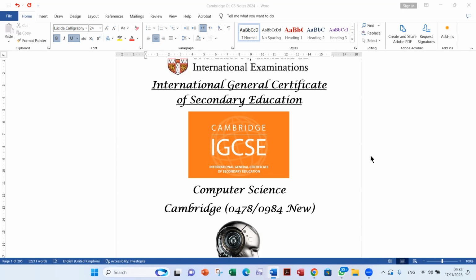So I'm teaching the code 0478 or 0984. Both of them are exactly the same subject, exactly the same questions. However, with 0478, you will receive an alphabetic grade, so it is A star, A, B, C. With 0984, you will be receiving a numeric grade.